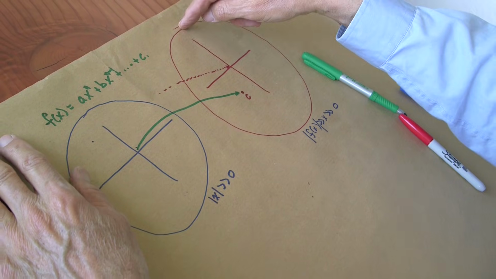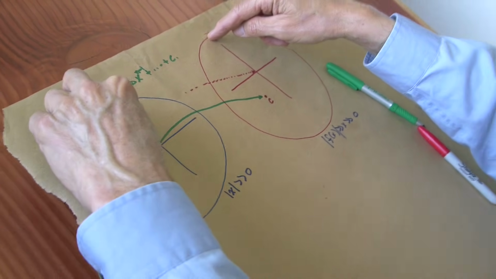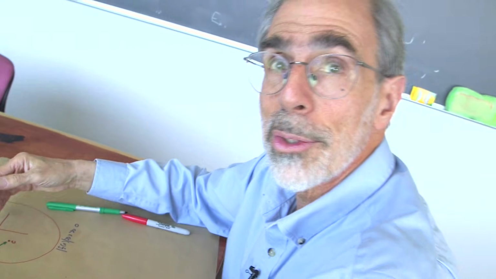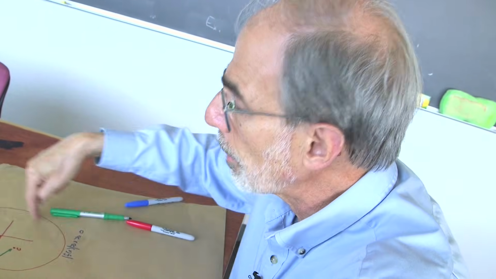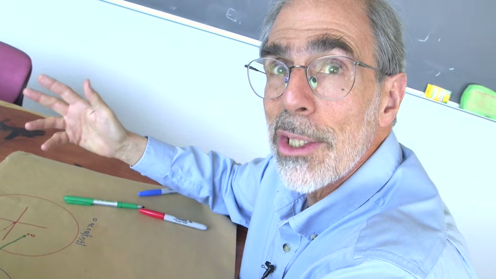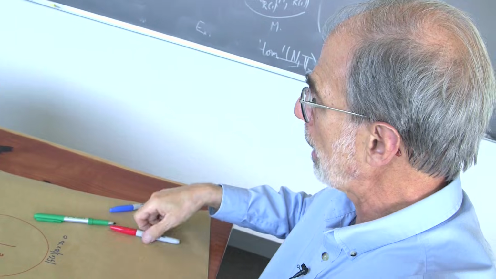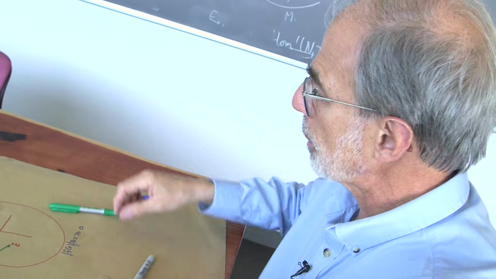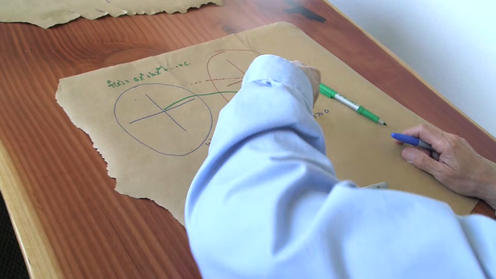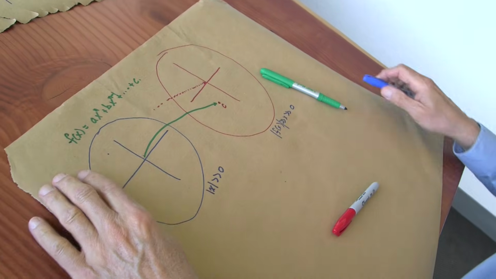Something else is happening though. As I move x around, this one moves n times as fast because I'm multiplying the angles by n. So it actually goes around n times. For the purposes of this proof, it's enough to know that it just goes around, but we'll see why the n is important there too. So as I move around here once, I move around this circle actually many times.